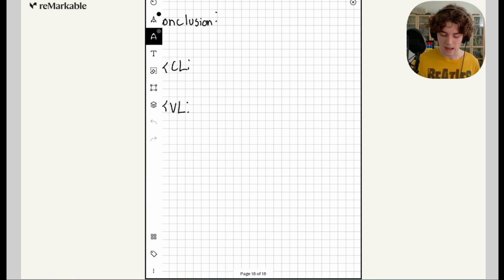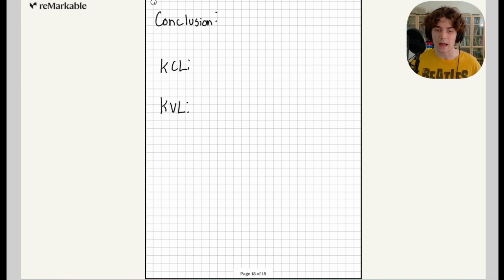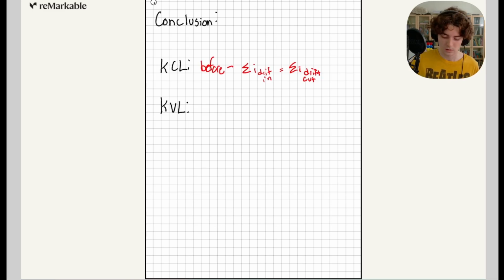And then we have our conclusion. How can we rewrite these laws now based on what we learned? Well, the current law before may have said something like the sum of the drift in equals the sum of the drift out, where the drift is the current due to the movement of charges.